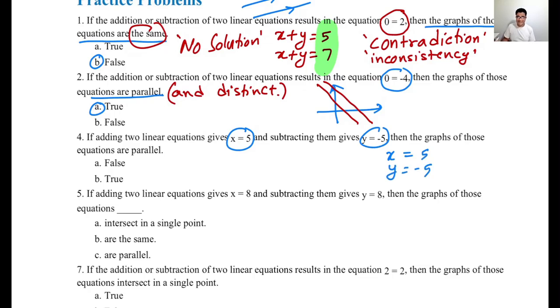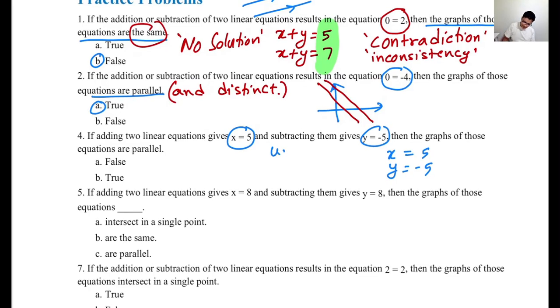That's exactly one solution, right? So what did we get here? We got a unique solution. Now, in the language of consistency and inconsistency, is the system consistent? Yes, it is consistent. It has a unique solution, exactly one solution.